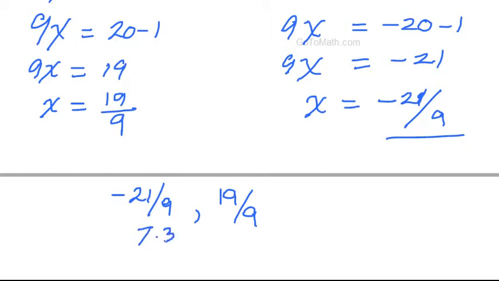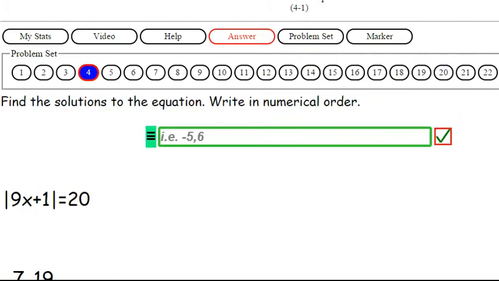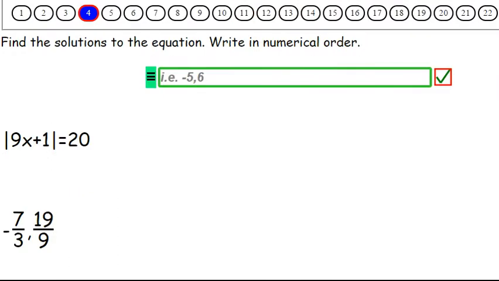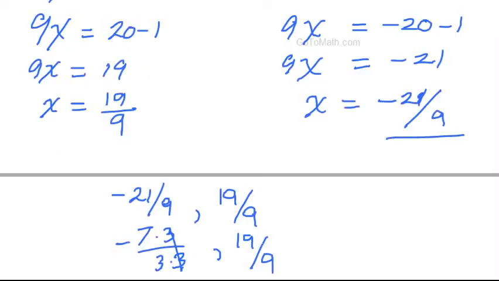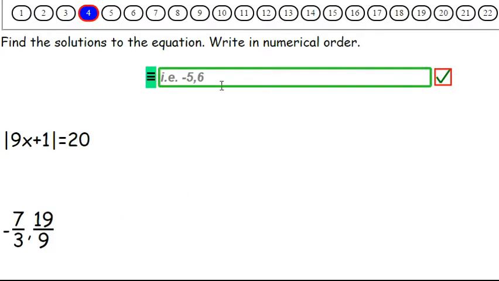That's 7 times 3 on top, and this is 3 times 3 on bottom. And of course, 3's cancel out there, and you're left with negative 7 over 3. Wow, I should have seen that. Negative 7 over 3, and then of course 19 over 9. That didn't simplify down at all, so it's a good thing I caught that.